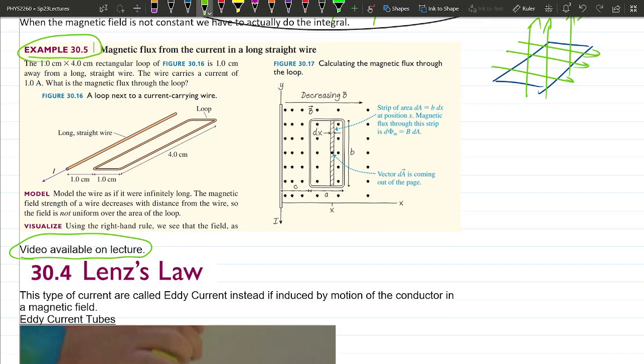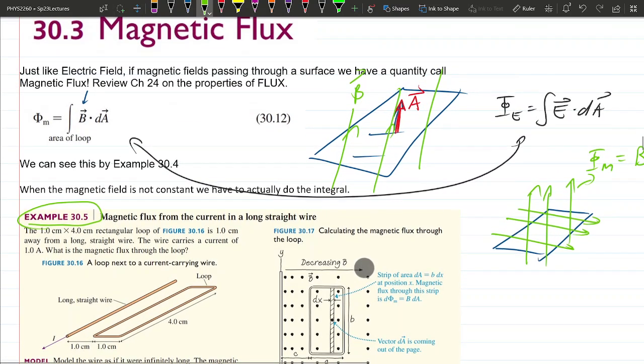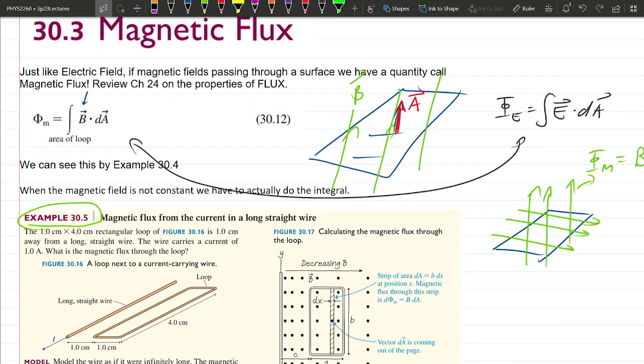So the interesting thing about what we just talked about is that there seems to be a way for us to calculate how much magnetic field is going through a surface, just the same way that we are able to calculate how much electric field is going through a surface. And remember how useful this was? It was a way for us to figure out how much charge is inside something.